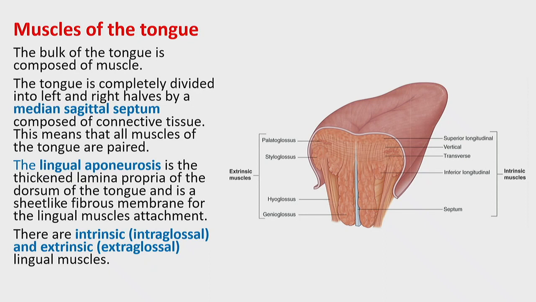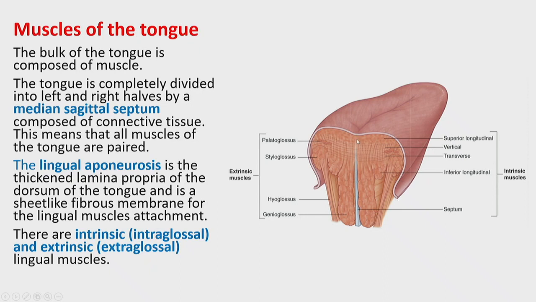As I mentioned in the beginning, in addition to the mucosa, papilla, folds and muscles, the tongue has two dense connective tissues. One is exactly on the dorsum of the tongue, this whitish layer, called the lingual aponeurosis.